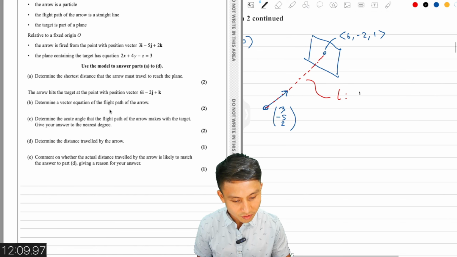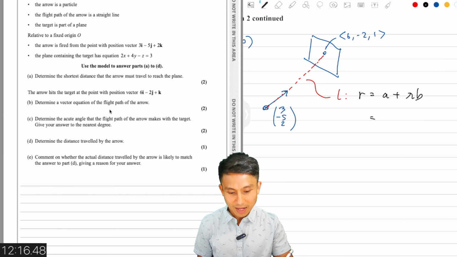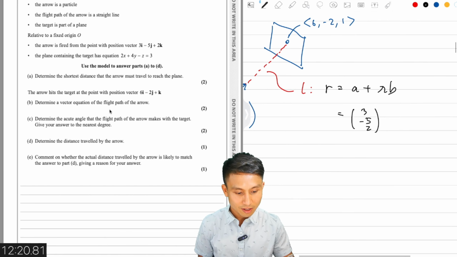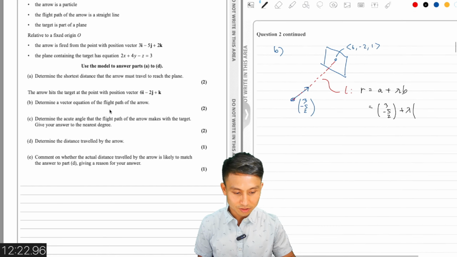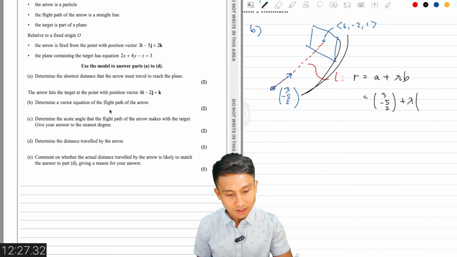So we're just going to use r equals a plus lambda b. So a can be just a point on this path. We're going to take (3, -5, 2). That's easy. And then lambda is just some unknown constant. And b is just the relative vector between these two.